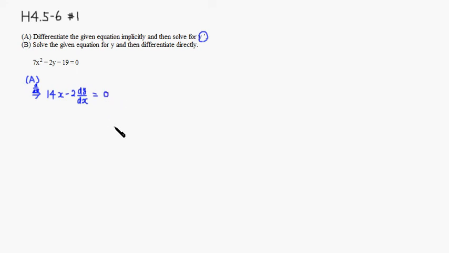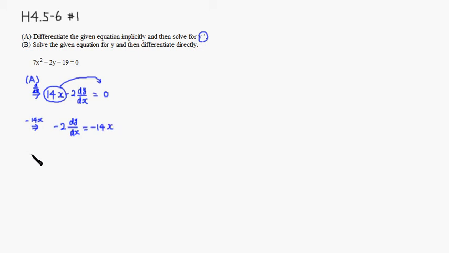Then we can just simplify. First I'm going to put 14x to the other side by subtracting 14x. This will get you negative 2 times dy over dx, which is equal to negative 14x.